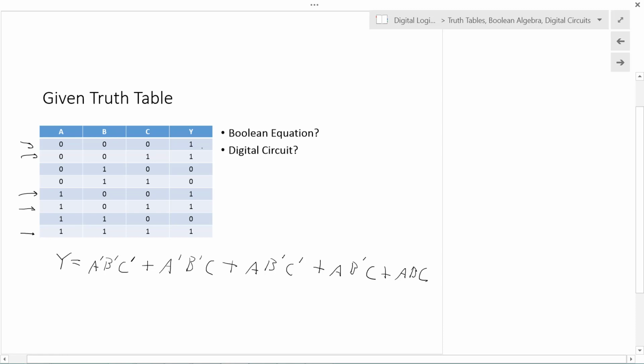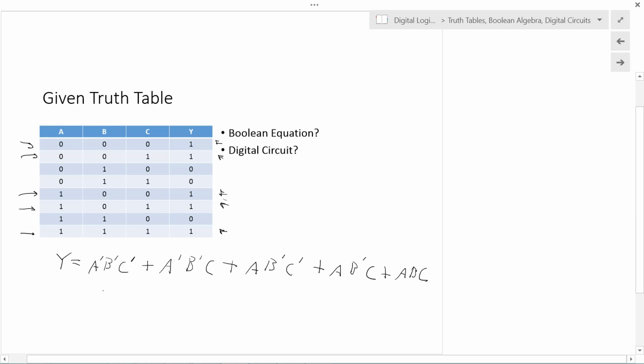So given a truth table with all of the 1s, Y is equal to 1 if and only if this is true, or this is true, or this entry is true, or this entry is true, or this entry is true. This allows us to create an AND-OR network using a Boolean equation, similar to this.